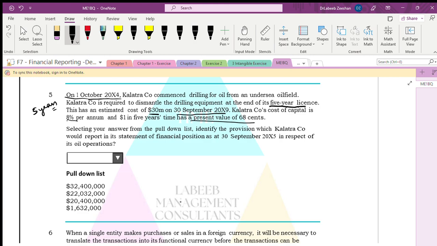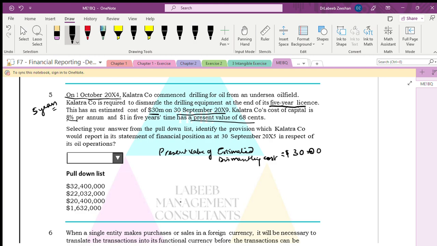That's why we have to know the present value of the estimated dismantling cost, which is 30 million.